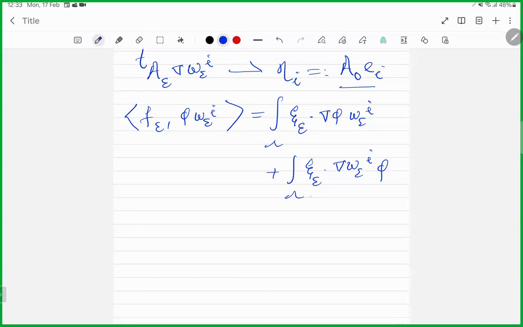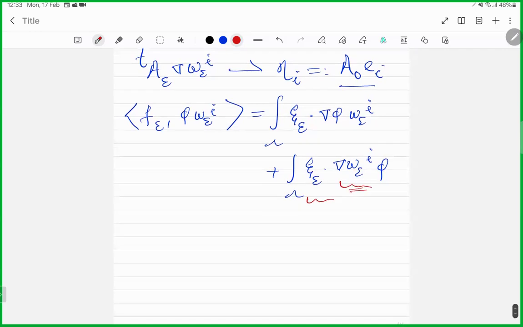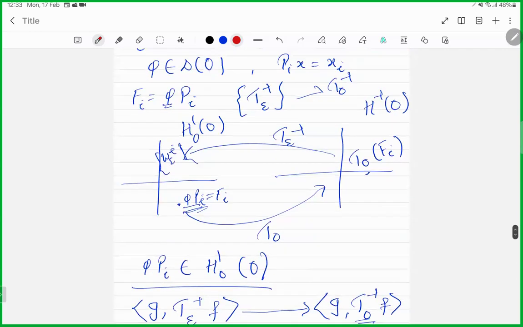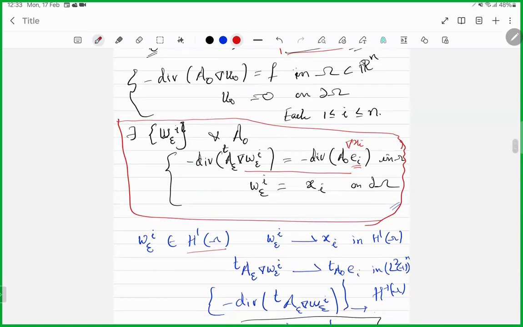But the issue is that this is weak and this is also weak, so the product of weak convergences. But the way we have chosen our W epsilon I is going to complement this problem. So for that, we look at this problem, what I marked in the red rectangle. You apply the test function here, phi u epsilon.